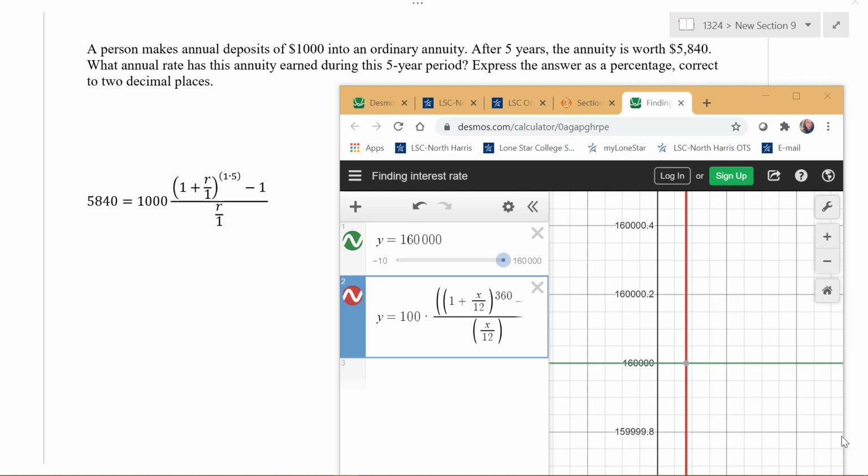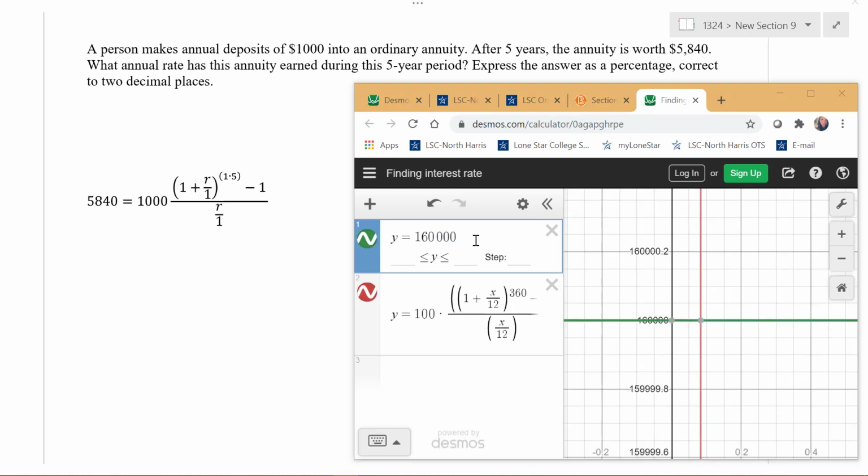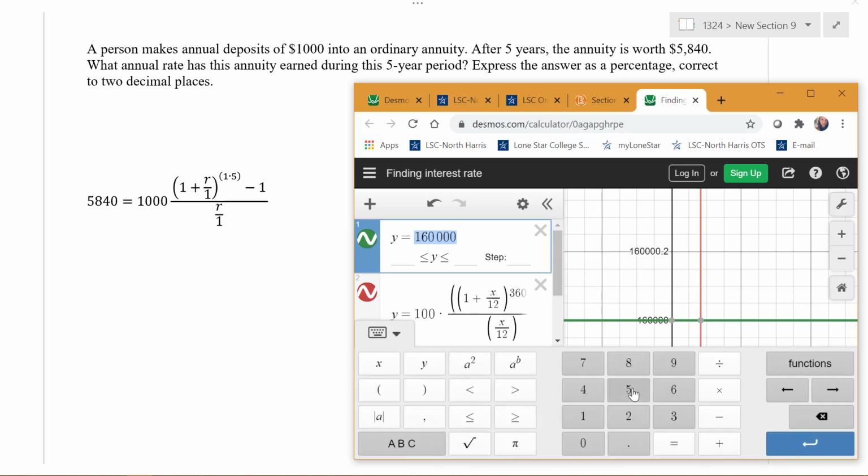So here's another problem that's similar to the last one we just did to solve for that interest rate. This time I'm going to be making deposits of $1,000, and I'm going to do this for 5 years, and the future value is $5,840, and we want to solve for that interest rate again. So using that same calculator, I'm going to change my y value to match the future value of the annuity, so I'm going to change that to 5,840.